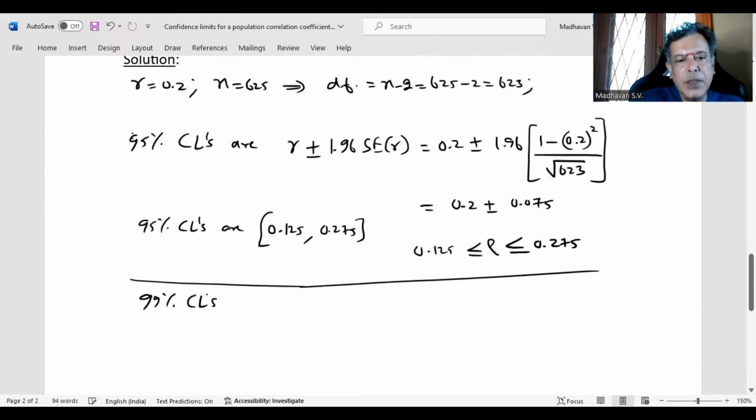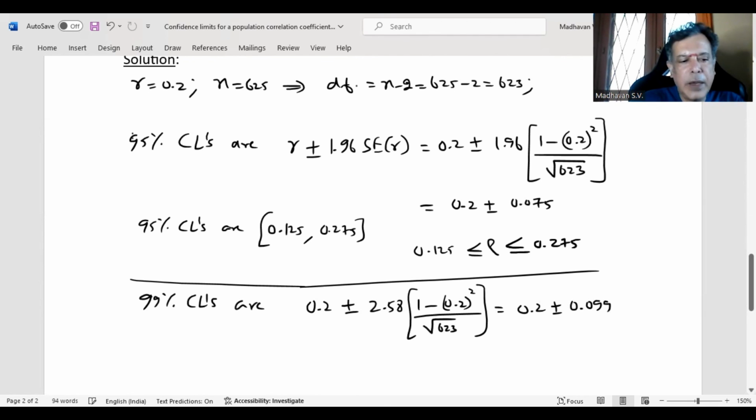99% confidence limits are the same R, 0.2 plus or minus. Because the degrees of freedom is 623, we will directly take the normal table value, which is 2.58, times 1 minus 0.2 the square divided by the square root of 623. That will give you 0.2 plus or minus 0.099.